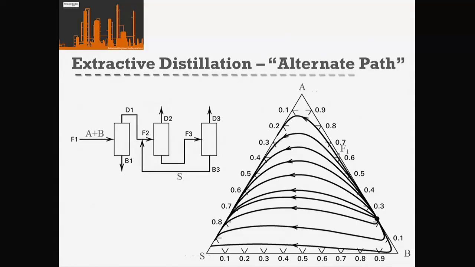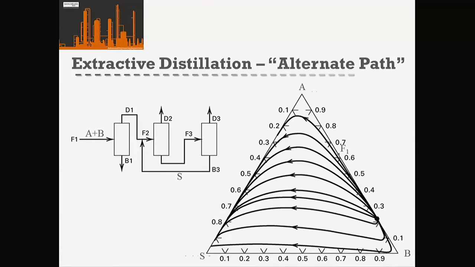So if you have a three column form, what you do is you think, well, we've got our feed and we're trying to get pure A and pure B from our system. But you can see we have an azeotrope here that's essentially blocking us from getting pure B directly, okay?